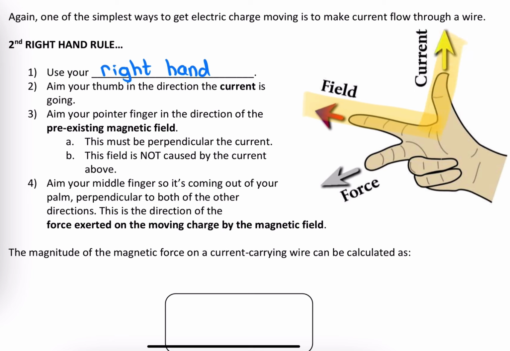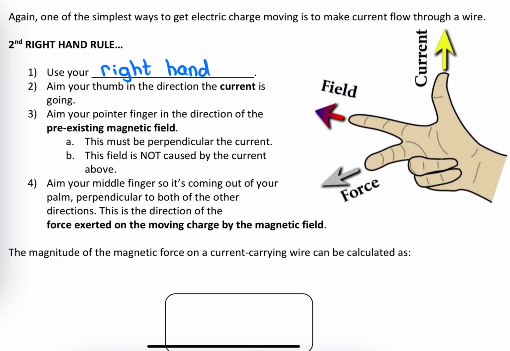So your thumb, your pointer finger, and your middle finger are all at 90 degrees to each other, with your middle finger sticking straight out from your palm, almost out of the screen in this example. So what your middle finger tells you here is the direction of the force exerted on this current by this field. That's the essence of the right-hand rule.